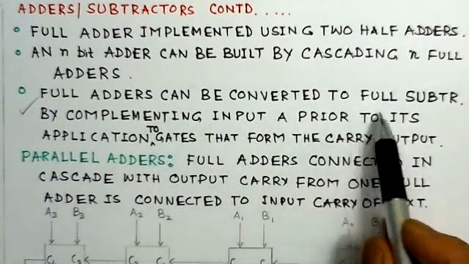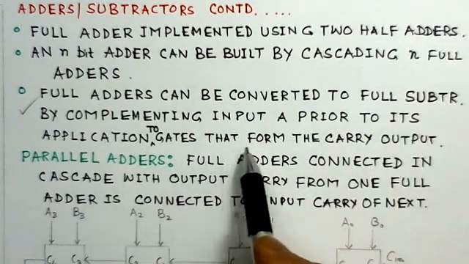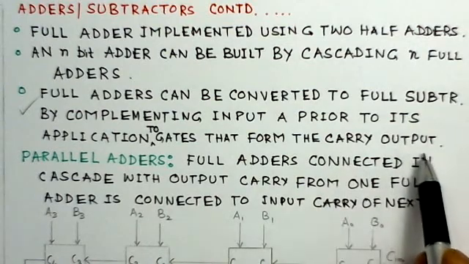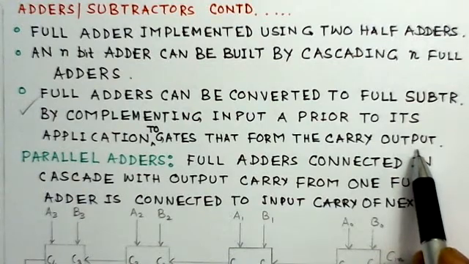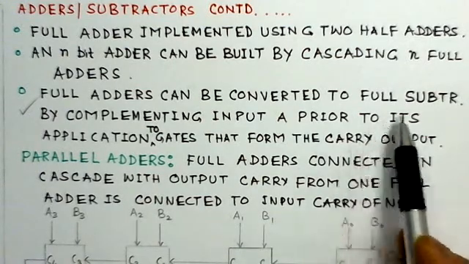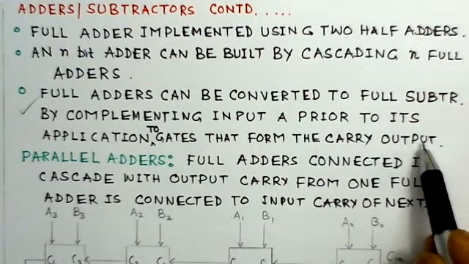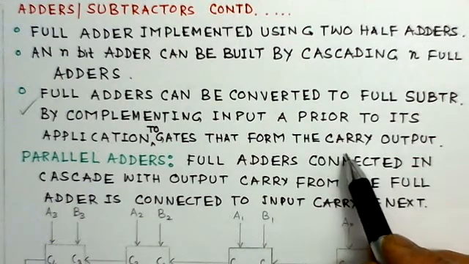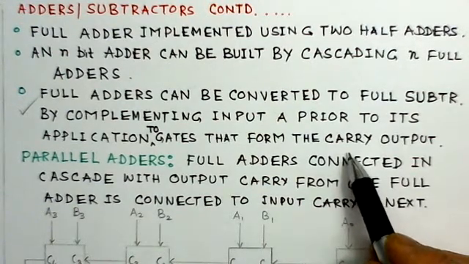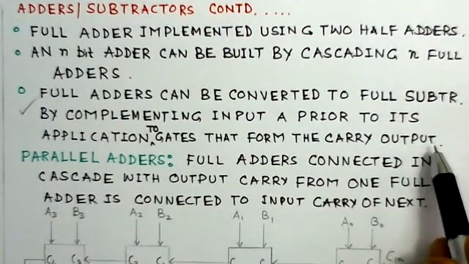Full adders can be converted to full subtractors by complementing input A prior to its application to gates that form the carry output. So many times the circuit formed is a combination of both adder and subtractor circuit. That means you can use corresponding logic circuitry so that the input variable is complemented in one case and not in the other. When it is an adder it is not complemented, when it is a subtractor it is complemented.